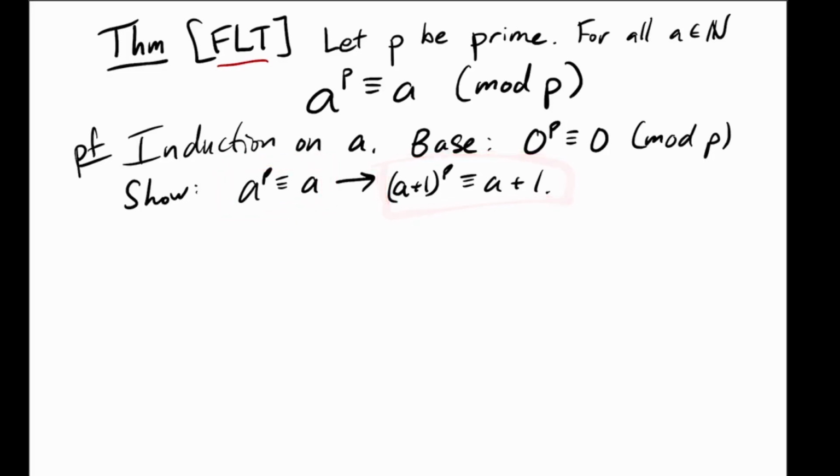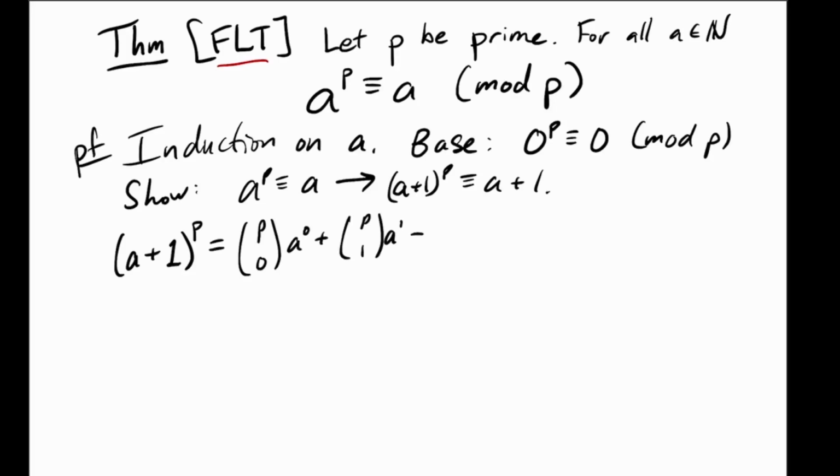And the way we'll do it is to use a nice little power tool, which is the binomial theorem, which we've covered. So a plus 1 to the p by the binomial theorem is p choose 0 times a to the 0, plus p choose 1 times a to the 1, plus etc., all the way to p choose p minus 1 times a to the p minus 1, plus p choose p times a to the p.